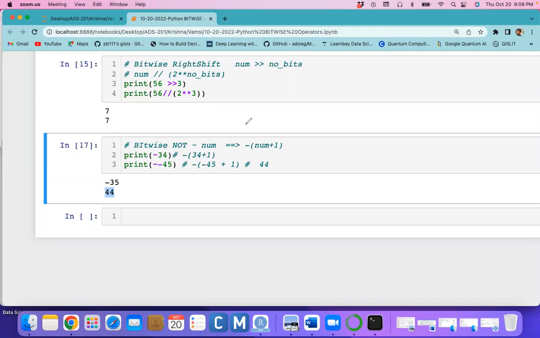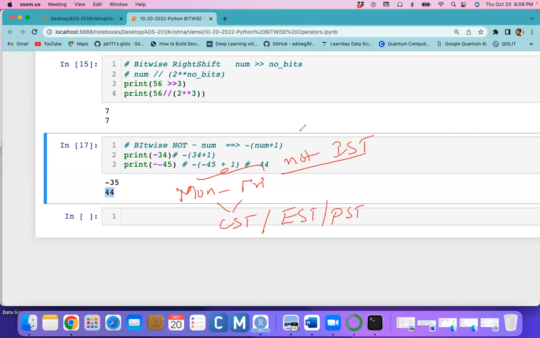The classes are on weekdays, Monday to Friday, in CST or EST time zones, or PST, not IST format. Okay, is this clear, everyone?